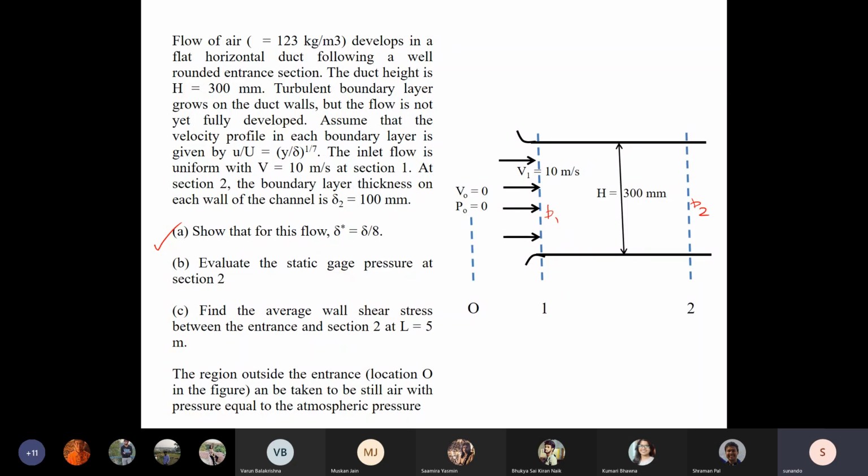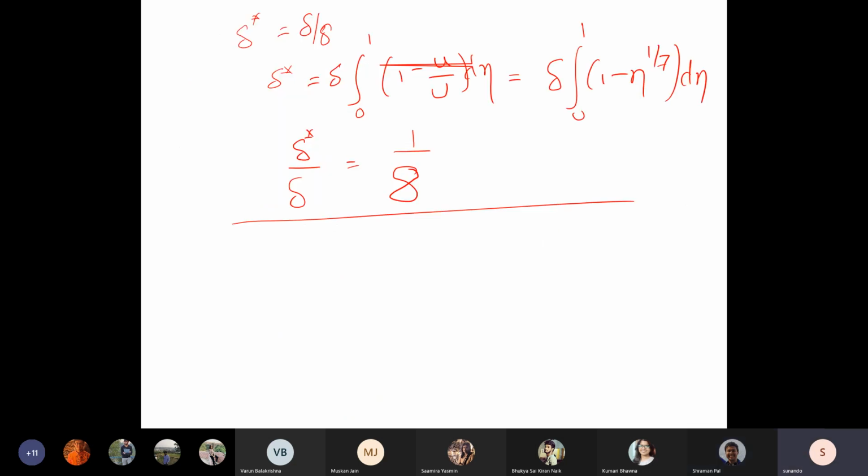Anyone having any question, any problem, please let me know. So that's what you have said. So what did you do after this exercise? What did you get? The mass flow rate at section 1 and section 2 should be same. So we can find out velocity at section 2. Let me write what you are saying. You are saying that mass flow rate at all the locations is going to be same.